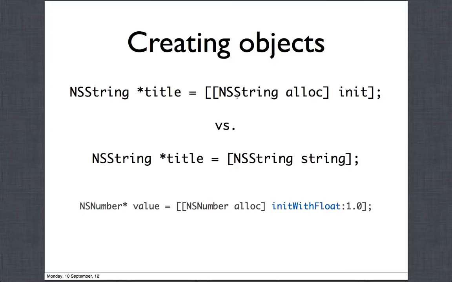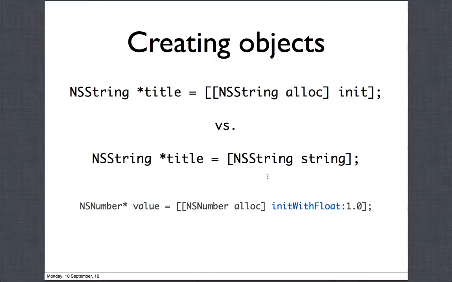This is a good way, it's proper. But there's another way of doing almost the same. It's right here, and all we're doing is calling the string method on the NSString class. You have to check with the classes, but the common naming convention is that you use the name of that class in some way.